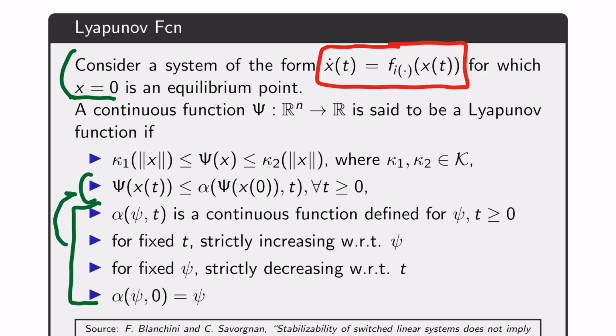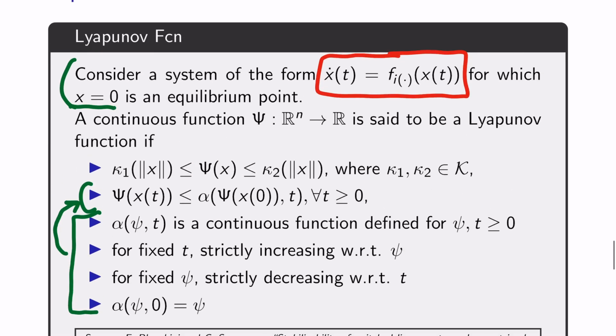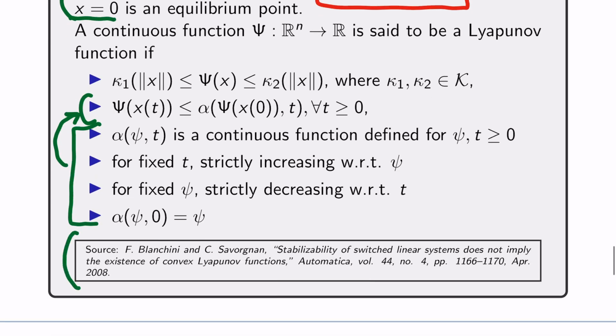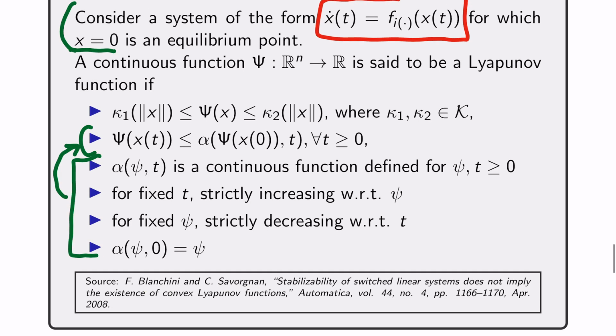These properties are there to explain the properties of alpha. I got this definition from a really nice and influential paper from Blanchini and Savaresi. I don't want to make a definite claim, but I have a suspicion that alpha is a class KL function. But let's go with that.